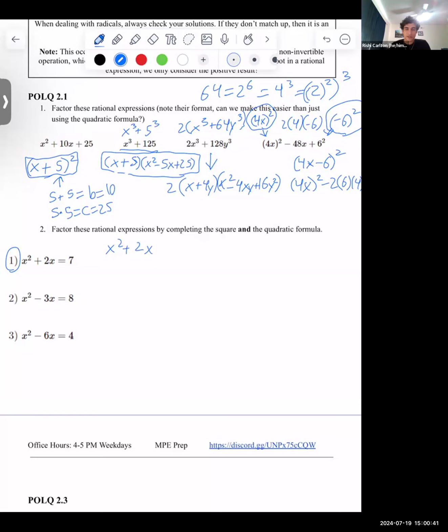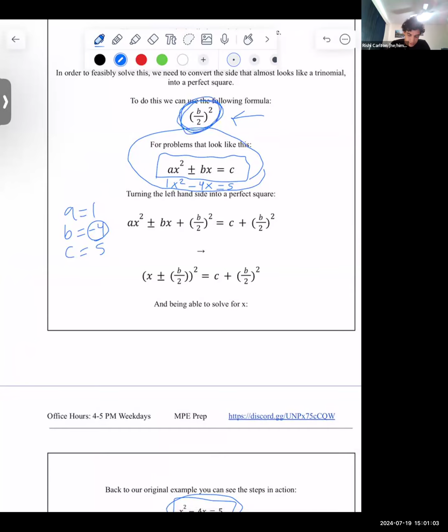What I'm essentially going to do is divide that b value. Here we have b equals 2. We're going to divide that by 2, and we're going to square it. The formula was b over 2, all squared. Yeah, there it is.